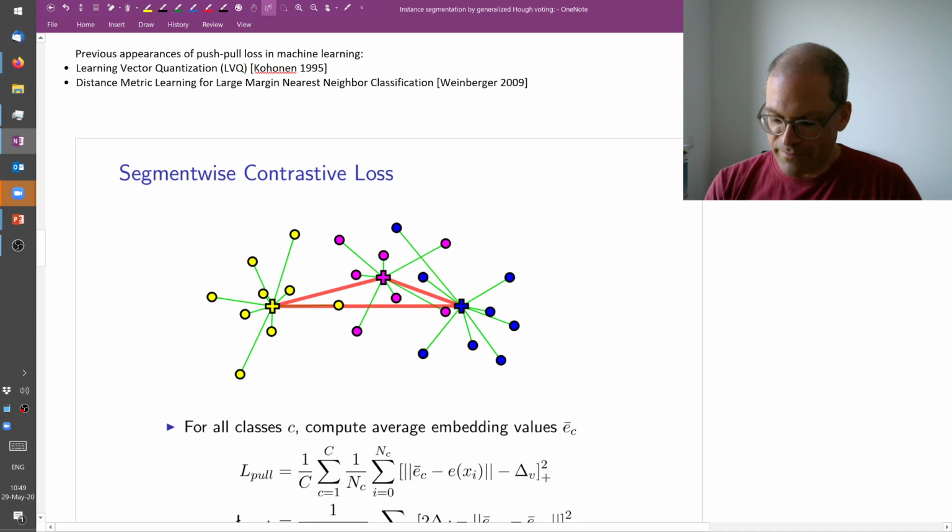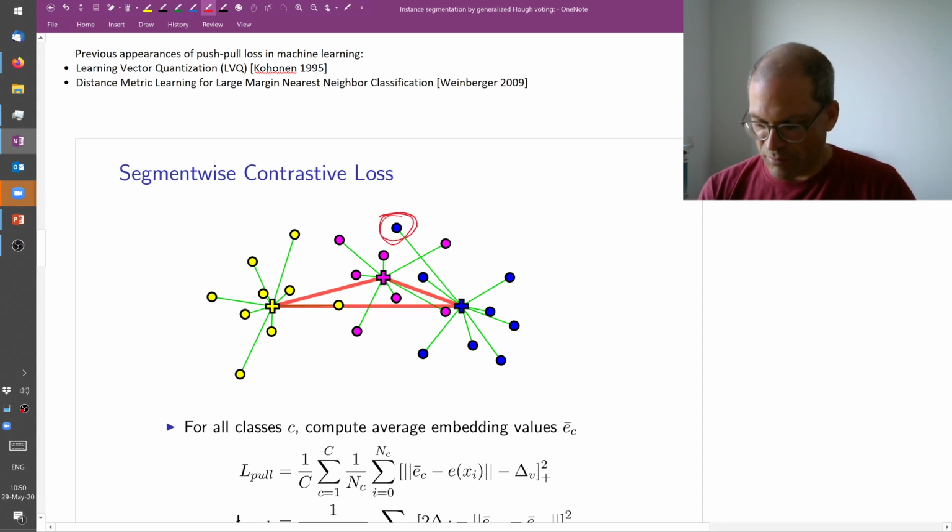So here, well, why does it work better? Because let's look at this point here.